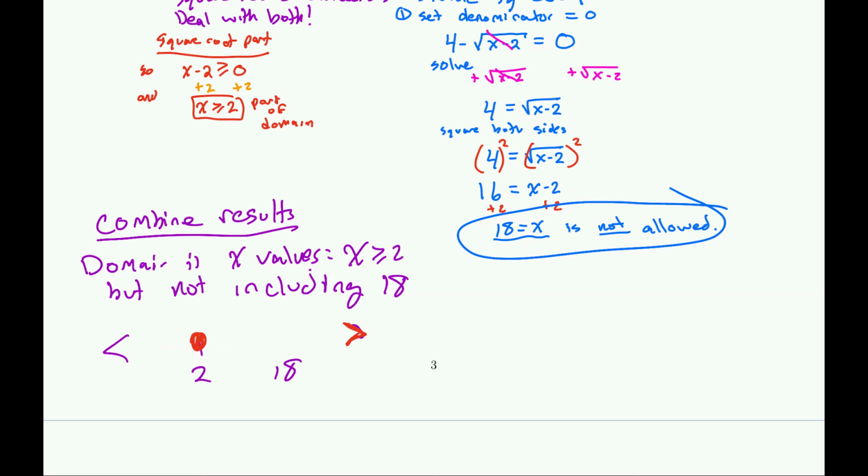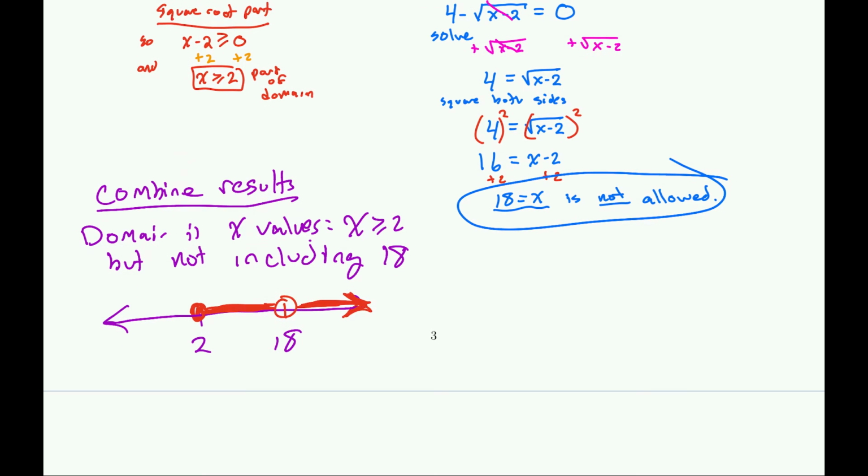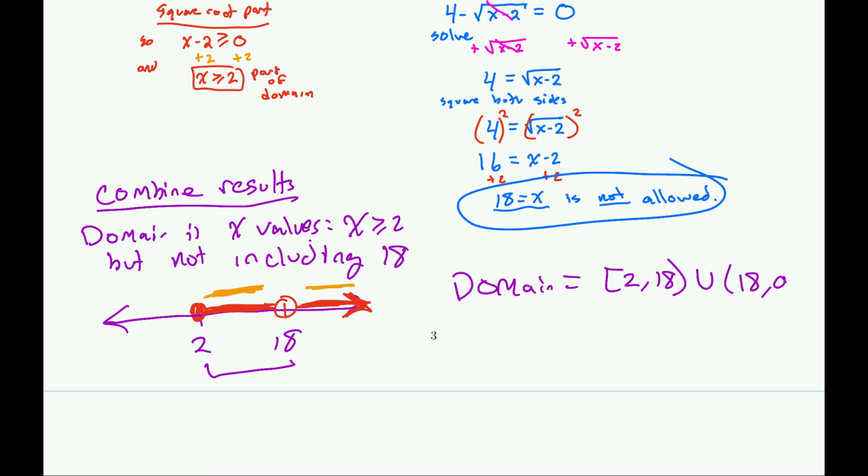So what you actually have to do is erase this point and go, okay, well, it's that side and it's that side, right? So it's like the previous problems where there's over here and over here, two pieces. So your domain is this. It's from 2 up to 18, union 18 up to infinity.